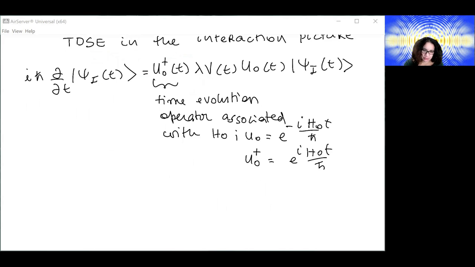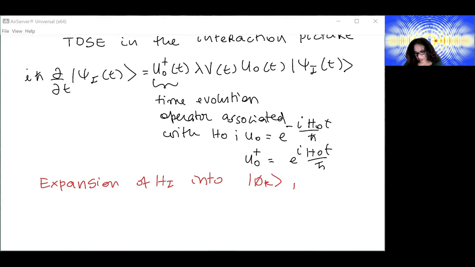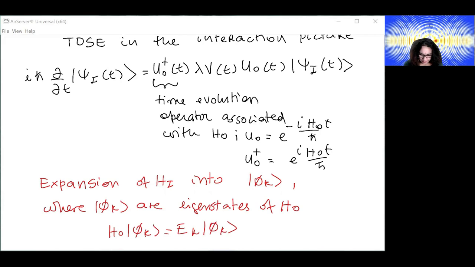So we're going to consider this expansion, obviously in the interaction picture, of psi_I into phi k, where phi k are eigenstates of H naught, meaning H naught phi k equals E_k phi k.